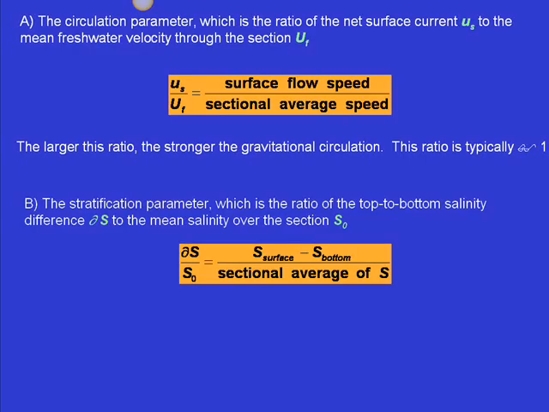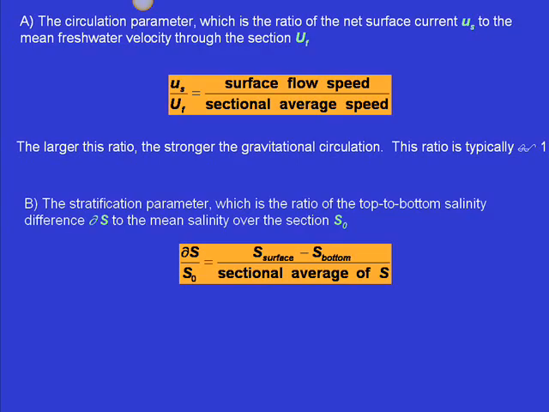Salinity at the surface, what would you like salinity at the surface to be? Any value. 0? And at the bottom? 35. So we have a difference of 35. What's the sectional average? Give me a sectional average.